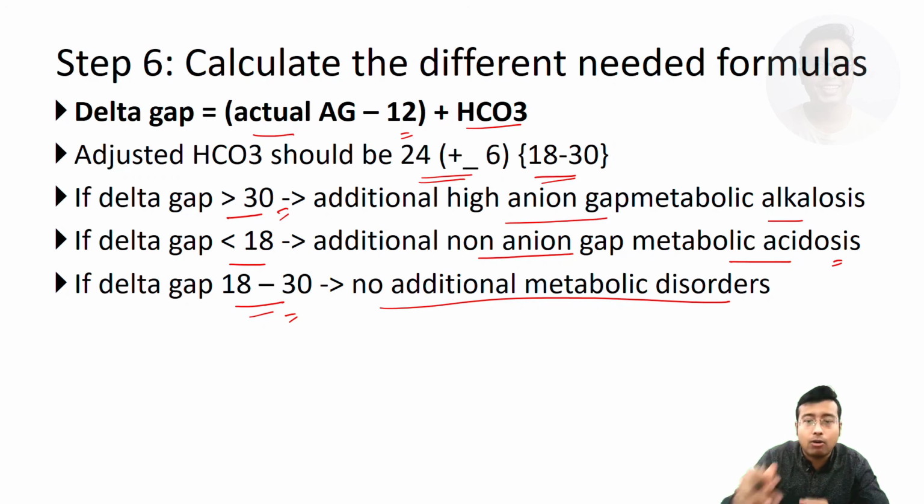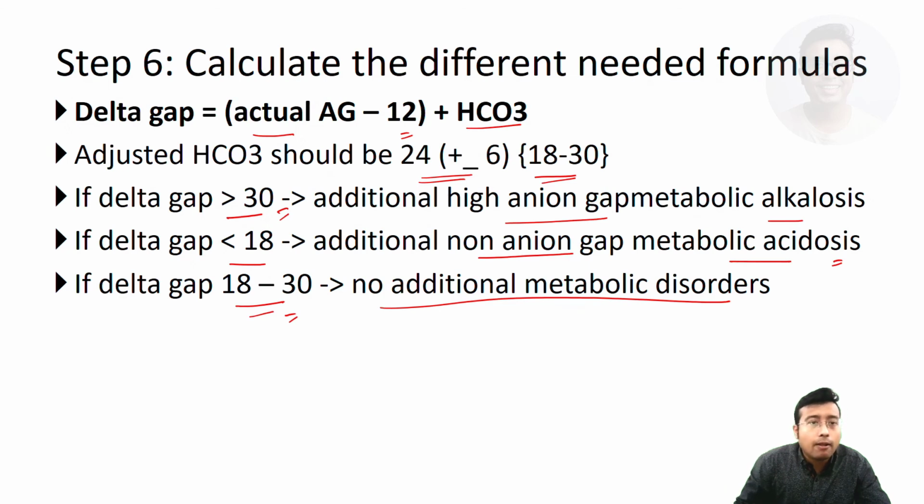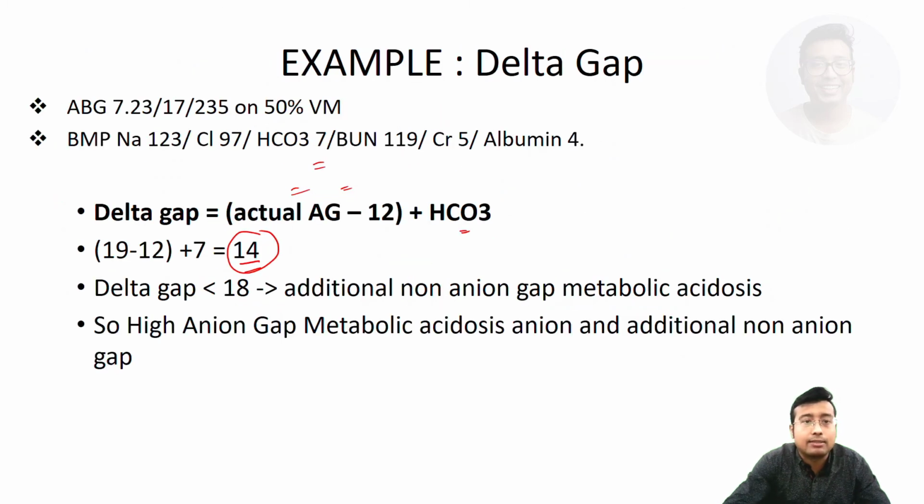So let us look at our problem. In our case, the delta gap comes to be 14: our anion gap is 19 minus 12, and this is our bicarbonate value. So it is 14. So what is the formula? Which formula should it fall under? It is less than 18. So we should search for reasons of additional non-anion gap metabolic acidosis.